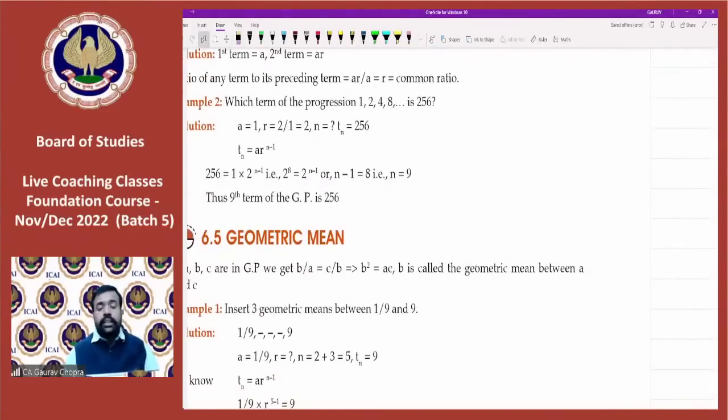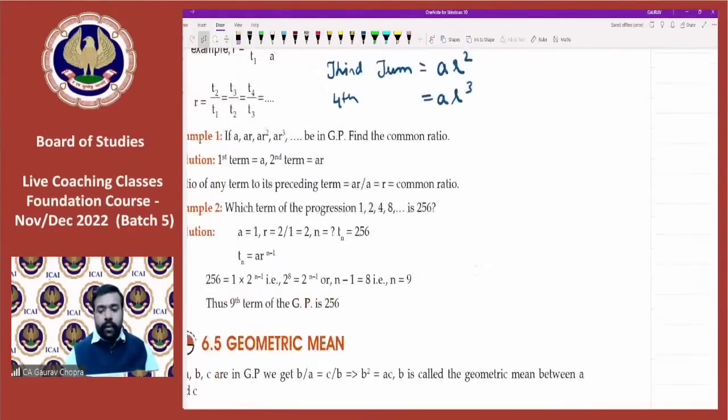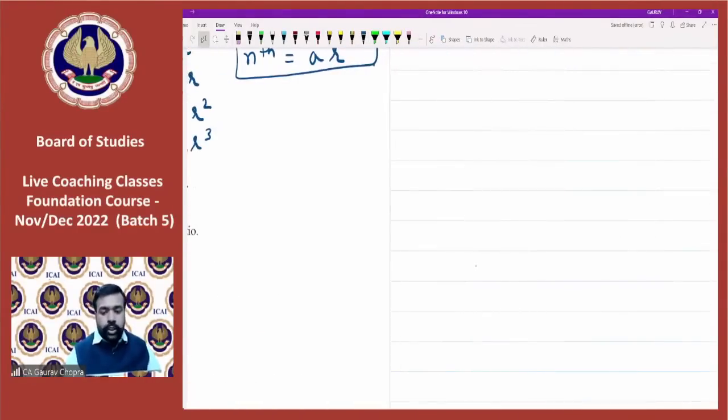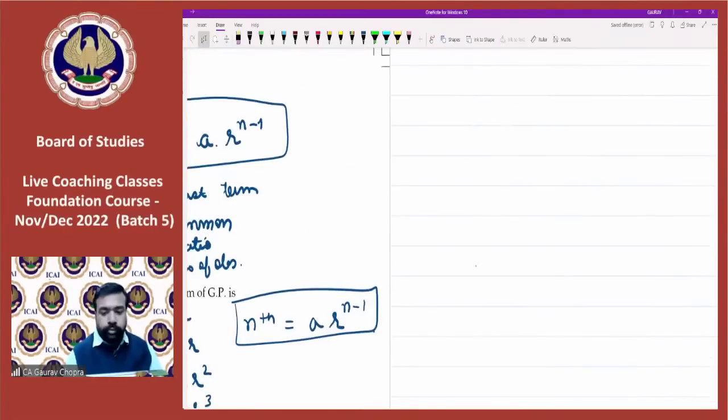Okay. So let us calculate one question. Let's write the question here. The series is 2, 4, 8, 16, and so on, and we have to calculate the 8th term.